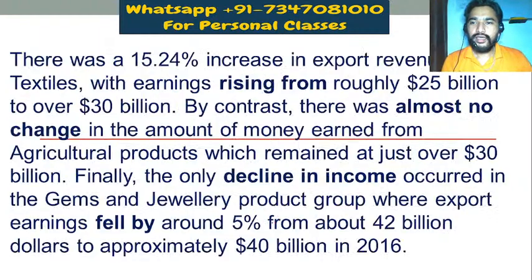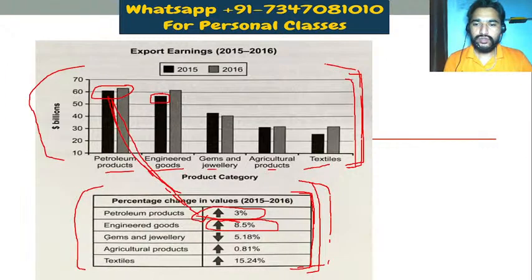And the third category. There was a 15% increase in export revenue from textiles. 15% increase, right? So in the textile industry, there was a 15% increase.